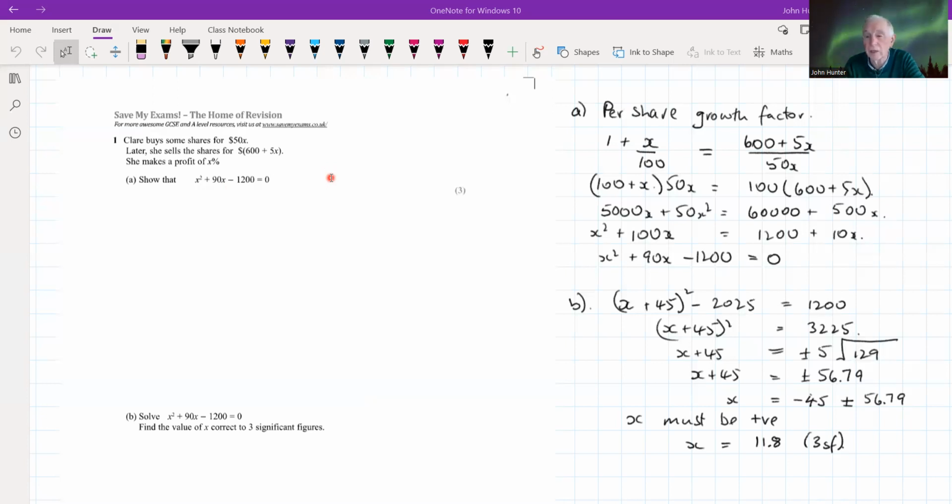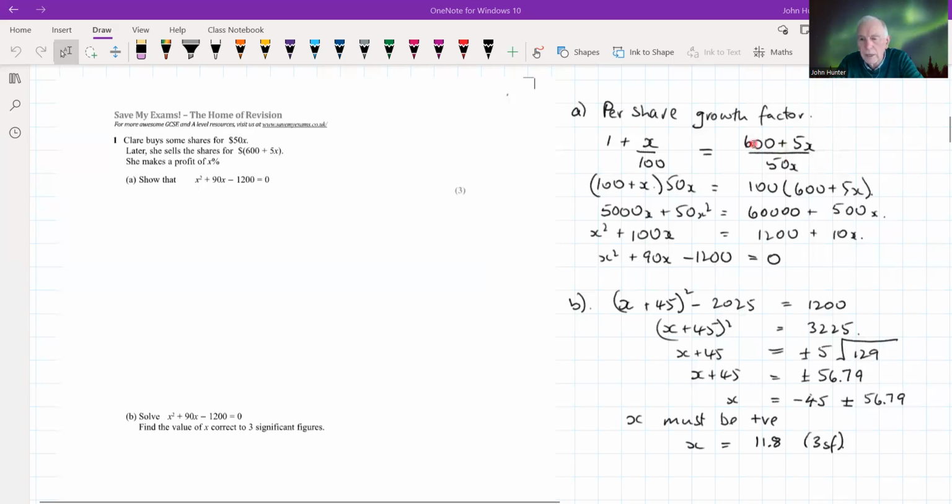If we're actually in business, it might be the amount of sales divided by the cost. So that's what we mean by the growth factor. And if the increase or the profit or the interest is 3%, then the growth factor would be 1.03. So that's what we mean.